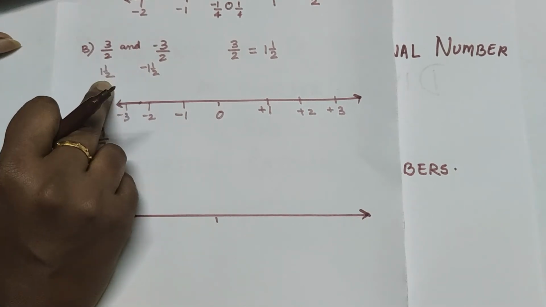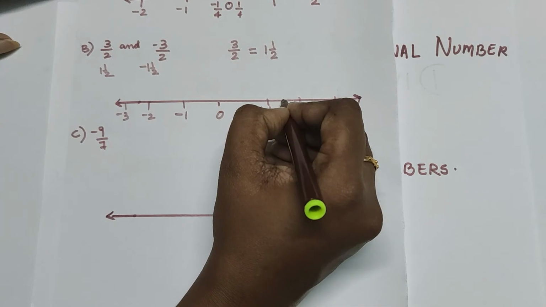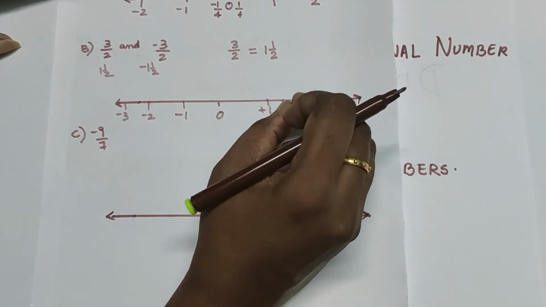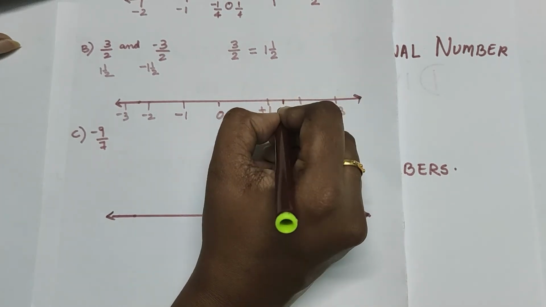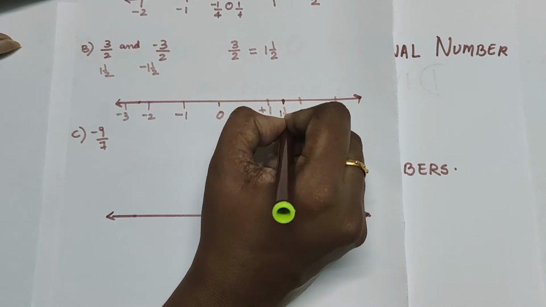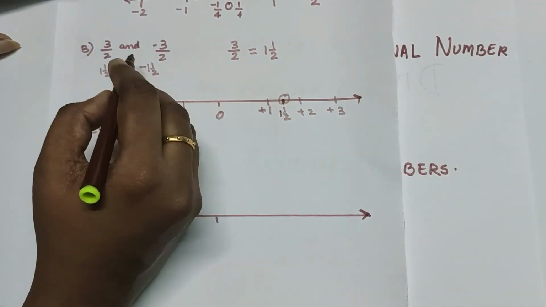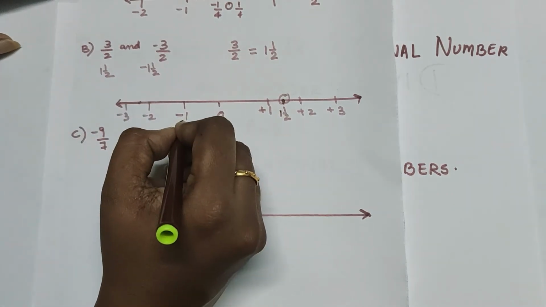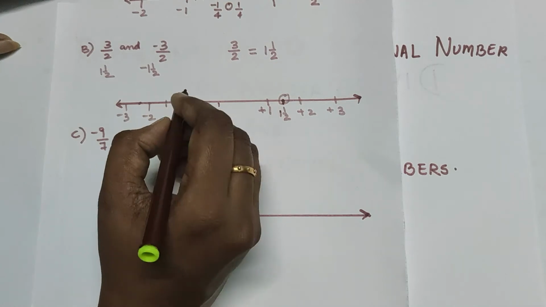So we have to make 2 parts. The denominator will tell me how many parts I have to make. So I have to divide this into 2 parts. So this will become the 1/2 part, or 3/2. And for the negative side, again between -1 and -2, I have to divide this part into 2 equal halves.